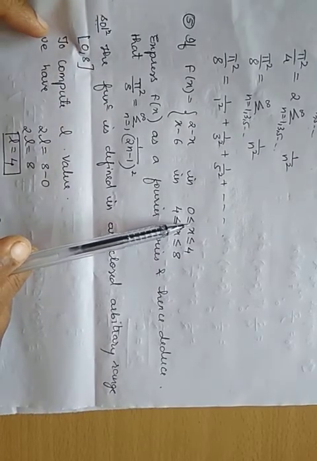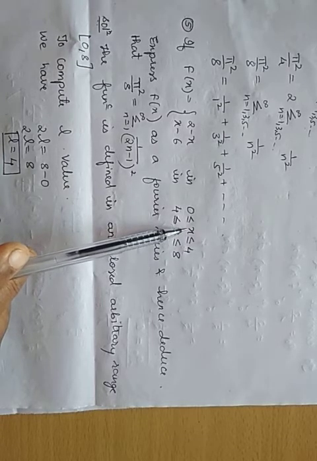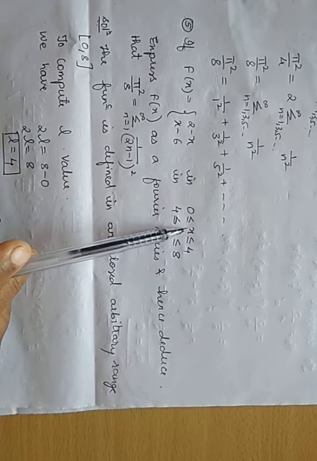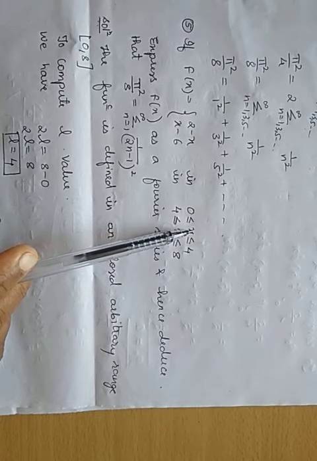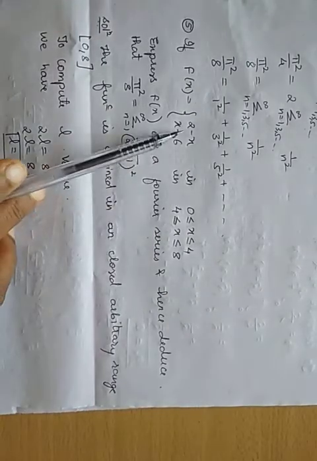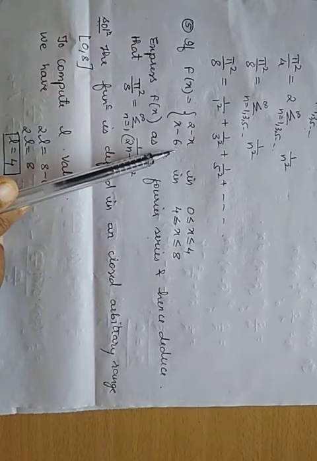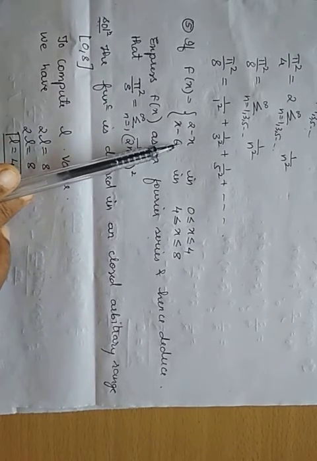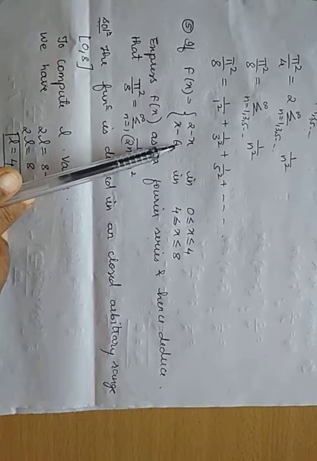So when we are computing the value of f of 0, we are directly substituting 0 wherever x is there. But when I am computing, which function is to be taken, whether 2 minus x or x minus 6? Either of these functions if you take, both the functions are not giving us the same value. So which function must be appropriate?